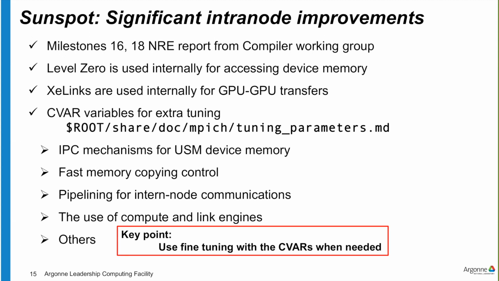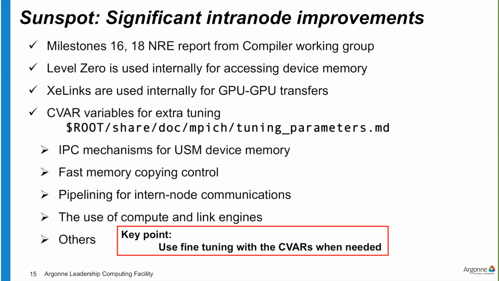There are many other things which MPI uses internally for communication within a node, which is in most cases happening underneath, and the users should not really care much about at this point. But if you want to have fine tuning, then you probably want to look at control variables.